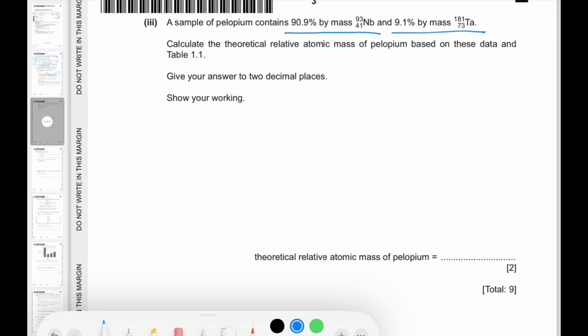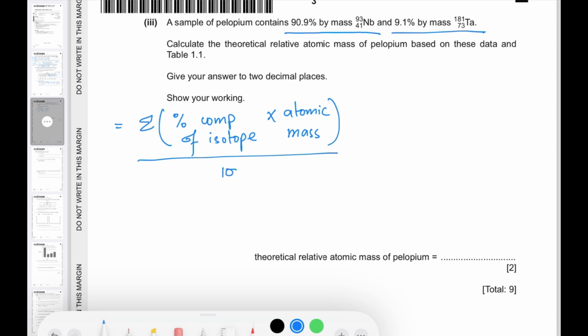Show your working. The relative atomic mass is equal to the sum of the product of percentage composition of each isotope and its atomic mass, divided by 100.